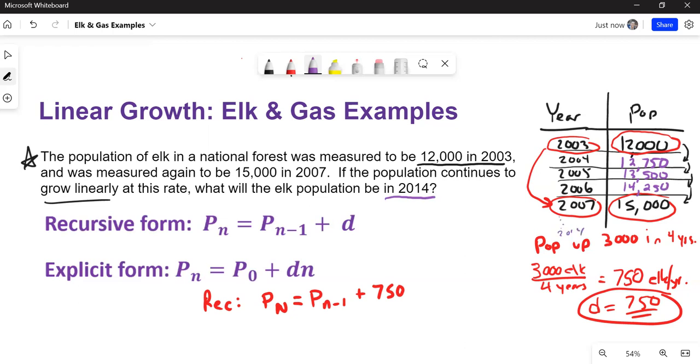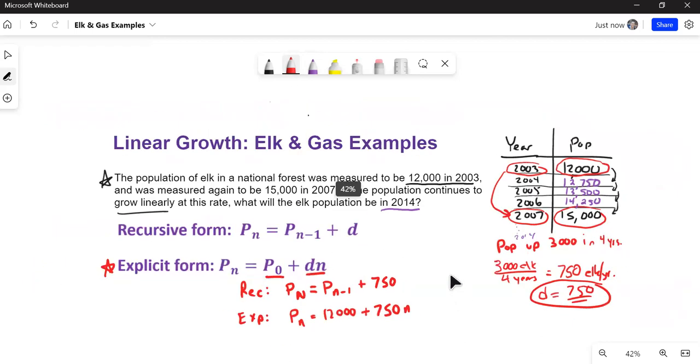But let's take a look at the explicit formula, because I think that's probably a better way to do it. So the explicit formula is given here. Explicitly, the formula for the number of elk would be P naught, where we started, 12,000, plus D n. D is 750, our common difference, how much it's going up each time, times the number of years.